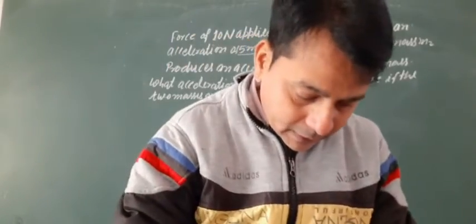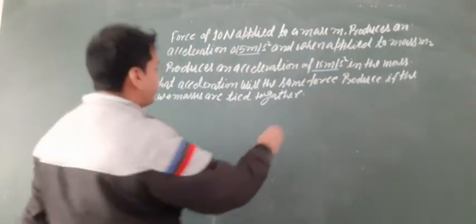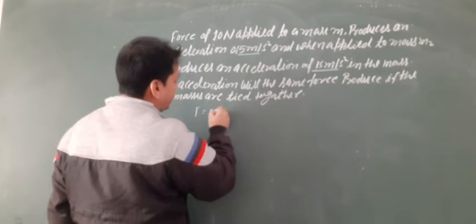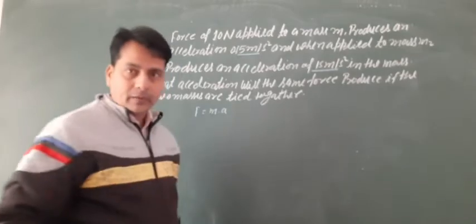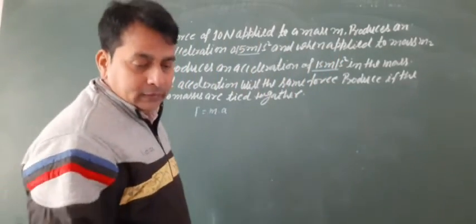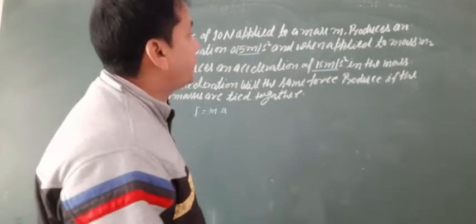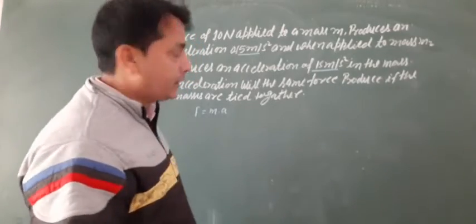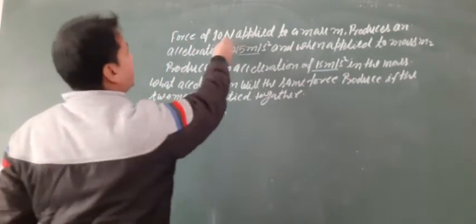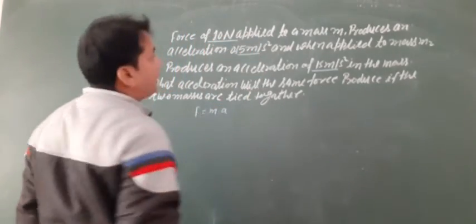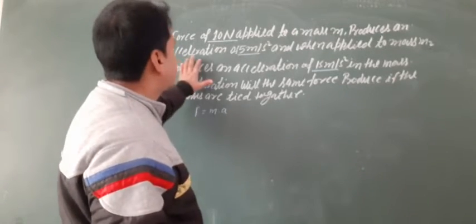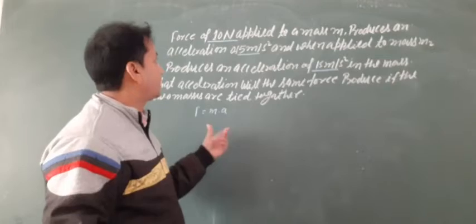So it is clear that we know the force is F equals m into a. According to this question, the force is given here, 10 Newton, applied to mass m1 produces an acceleration of 5 meter per second square.